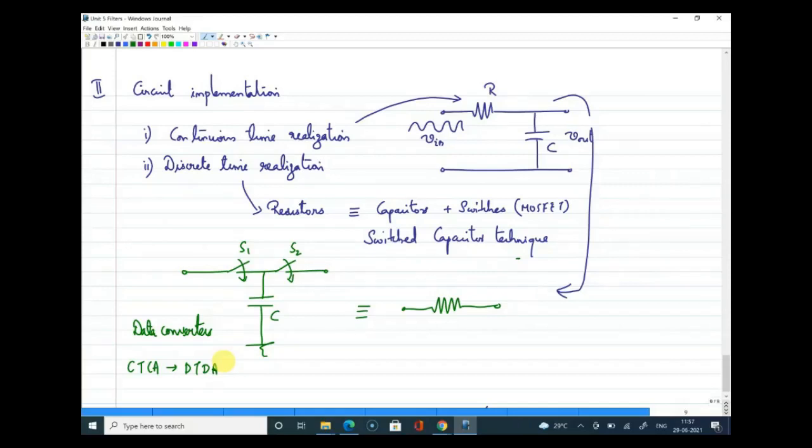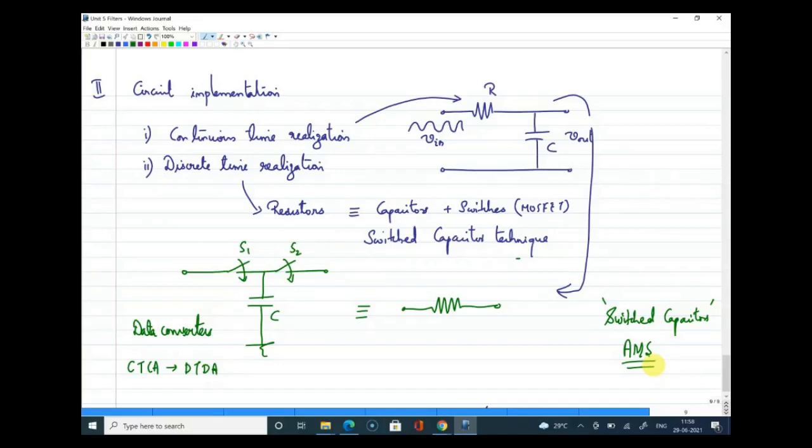If you are interested to know how this combination will act as a resistor, you can watch a lecture on switch capacitors, which is available on my YouTube channel, under the course Analog and Mixed Signal IC Design. There you will see how you can replace resistors using switches and capacitors.